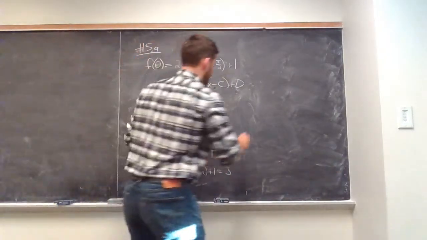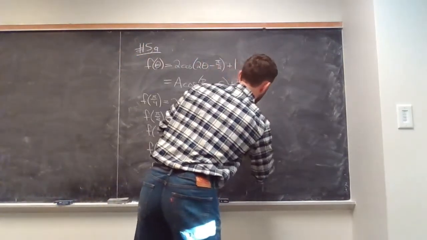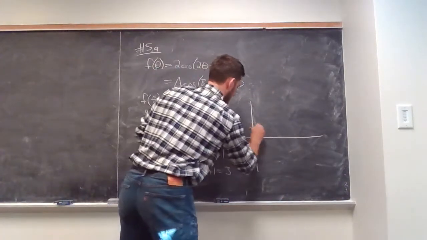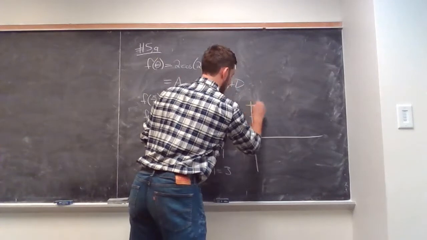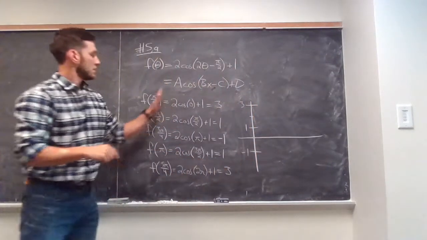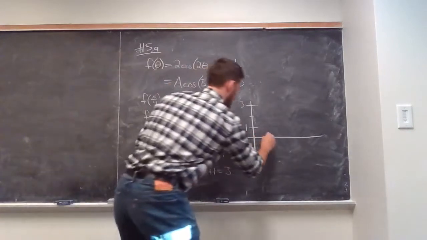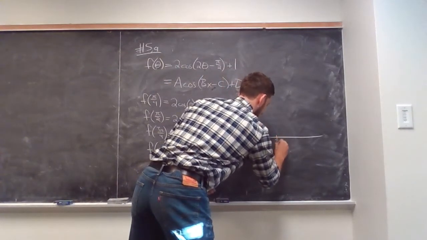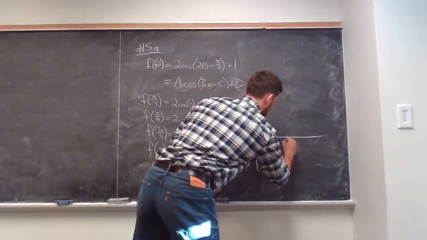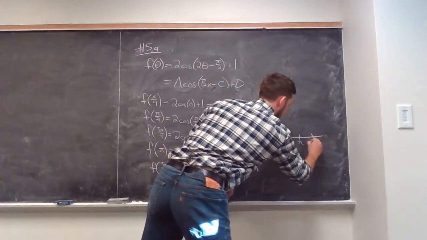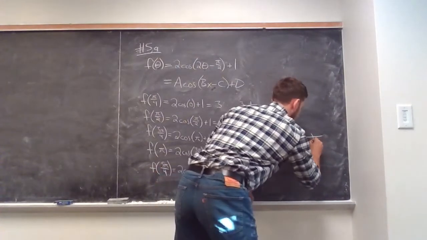Ultimately, to graph this out, all I'm going to do is clearly label everything. So 1, 2, 3, and then down to negative 1. Draw my x coordinates: pi over 4, pi over 2, 3 pi over 4, pi, and 5 pi over 4.